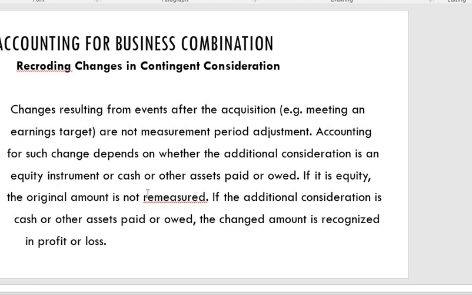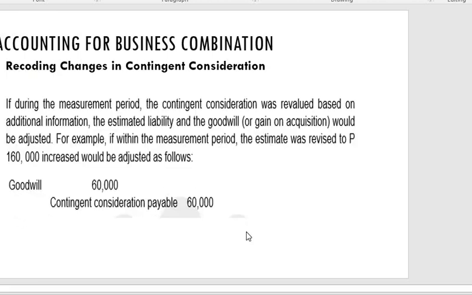Again, so if may change tayo within sa measurement period, that's an adjustment to goodwill. So if after the measurement period, meaning after na siya sa 1 year na measurement period natin, then yung changes shall be considered or i-recognize natin in profit or loss.